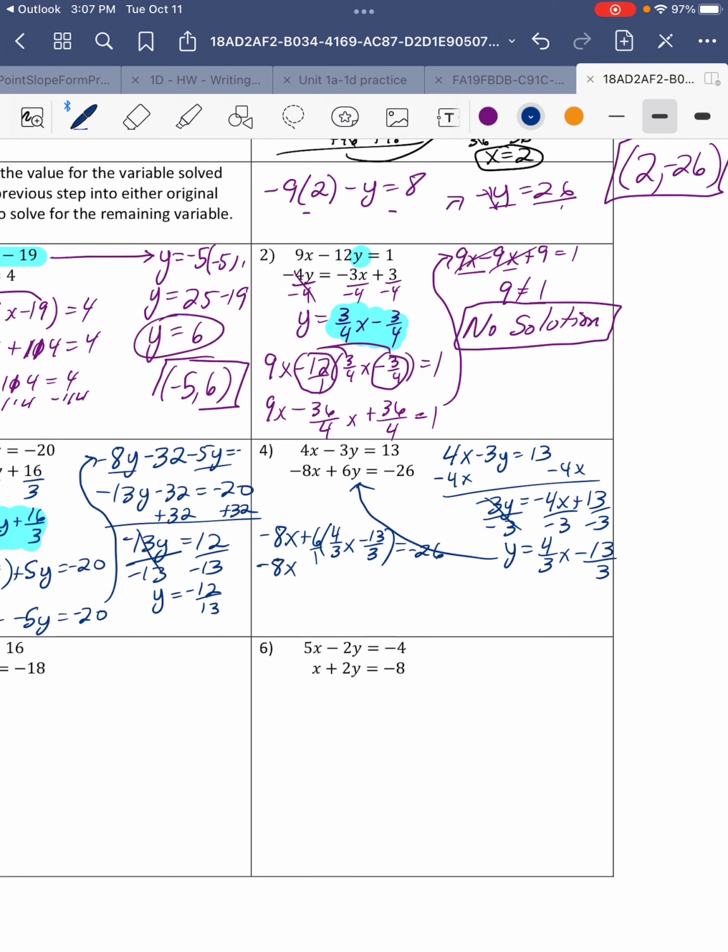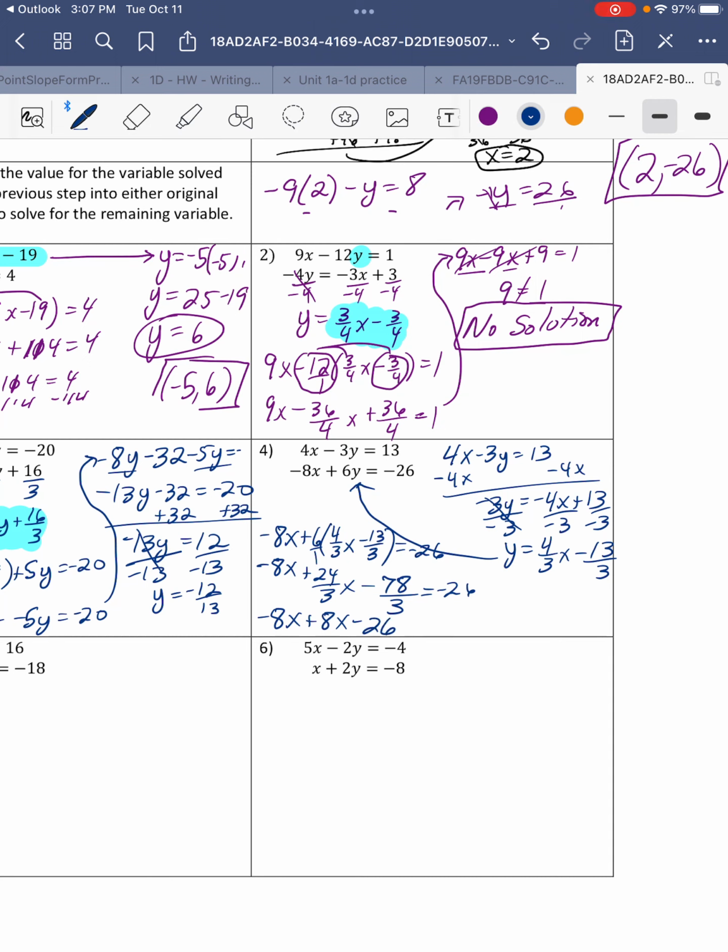Distribute. 24 over 3x minus 78 over 3, 26, equals negative 26. So I have a negative 8x plus 8x minus 26, equals negative 26.